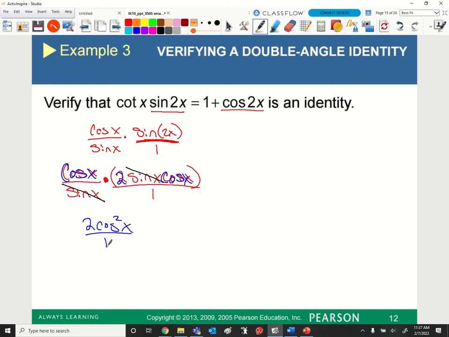So now what I'm going to do is work the right side of this because I want it to look like this. So working the right side, let me just drop this down like this. So the right side is going to be 1 plus, remember, I don't like that, so I'm going to get rid of it. And if you notice the left side, everything over here has to do with just cosine, right?